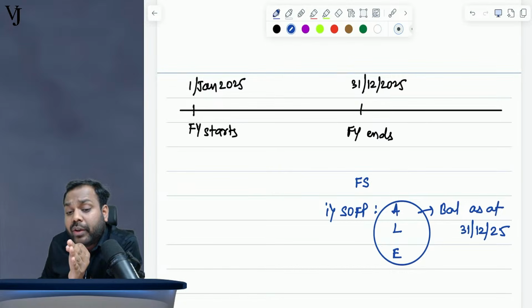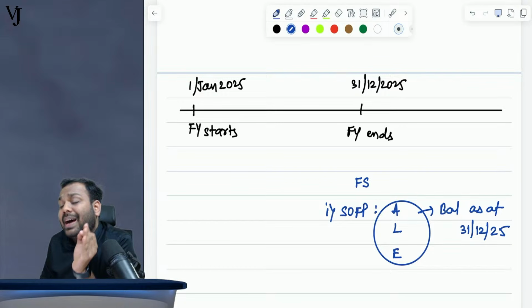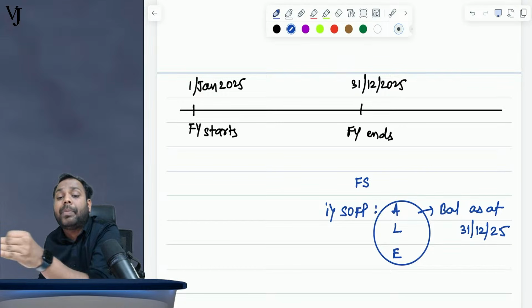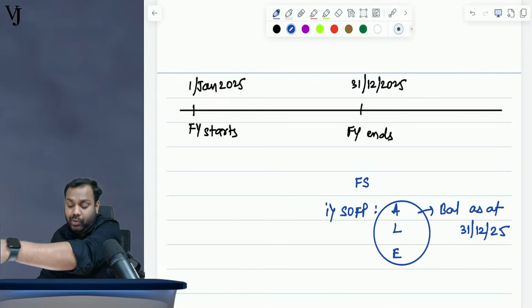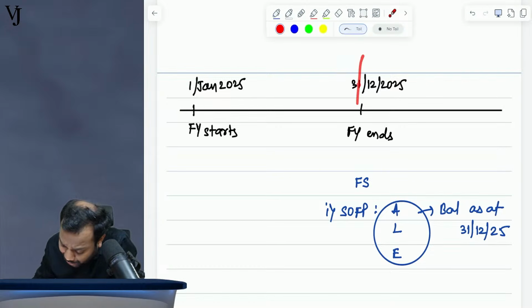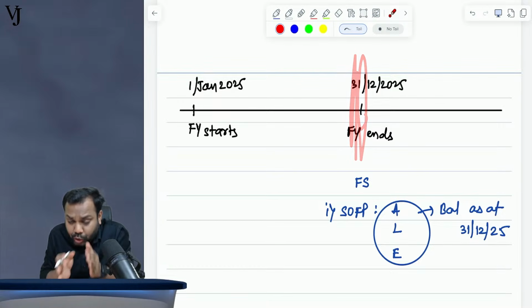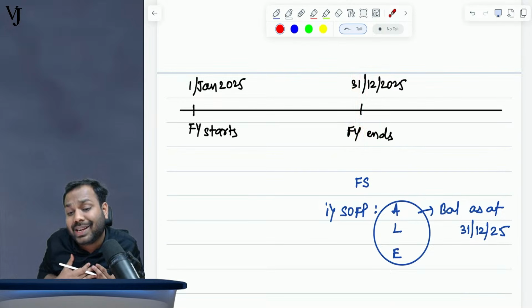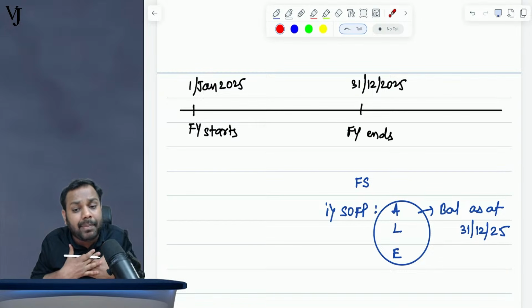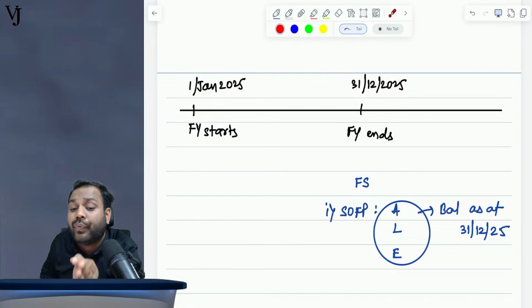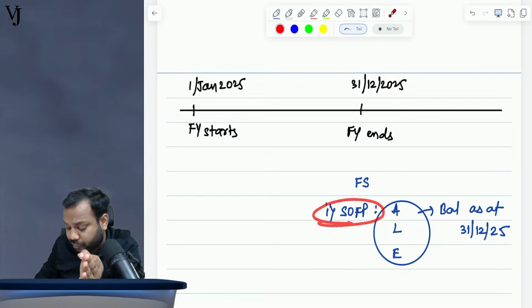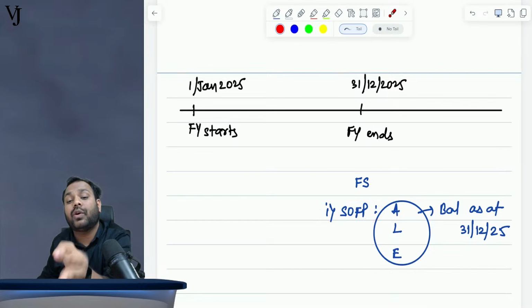So SOFP is always prepared as at a particular date. As of today, how much asset I have, how much liability I have, how much equity I have. So SOFP is at a particular point of time.